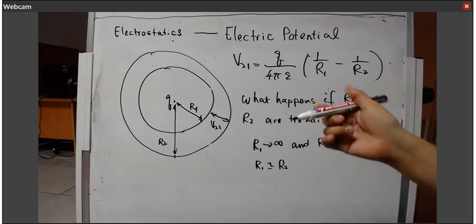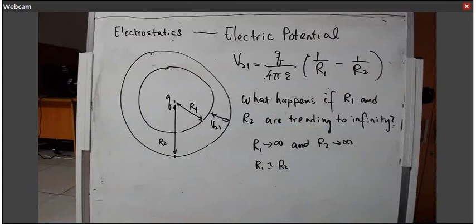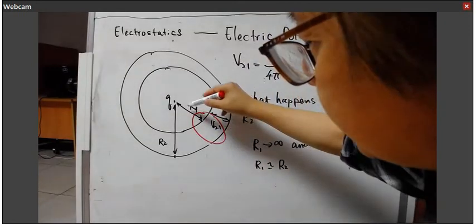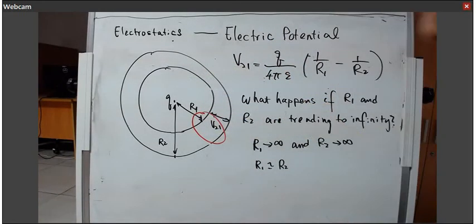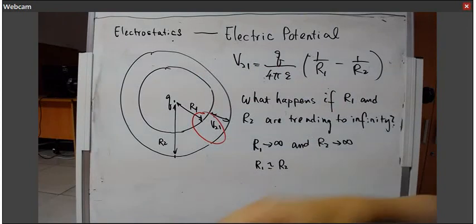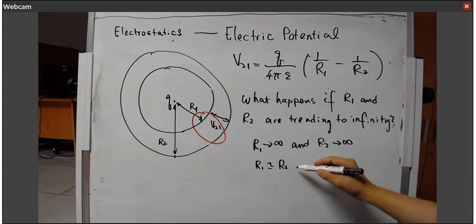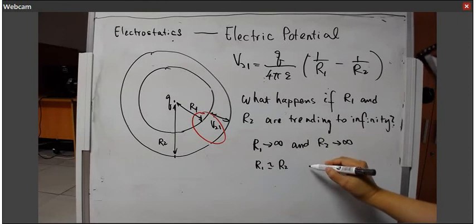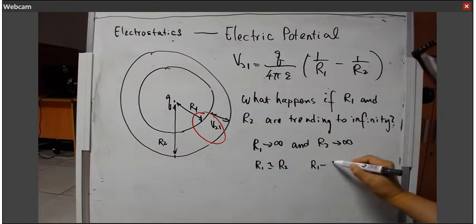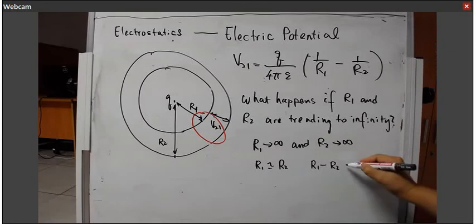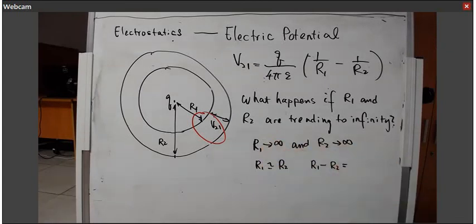This means that if you zoom in on this area, both R1 and R2 are very similar. So we can just assume that R1 minus R2 is equal to the distance between two places.